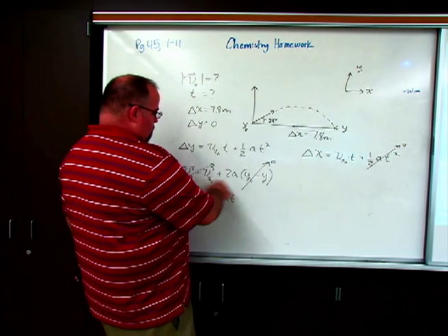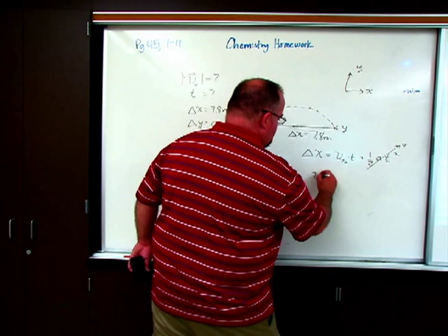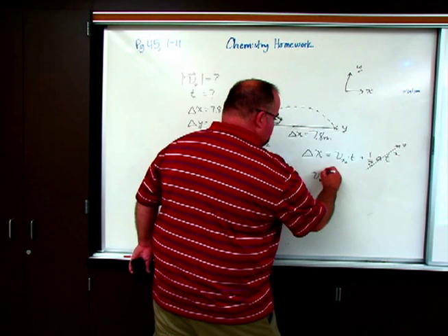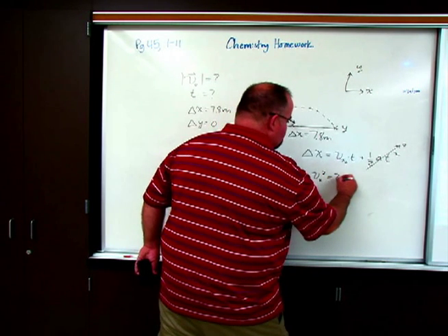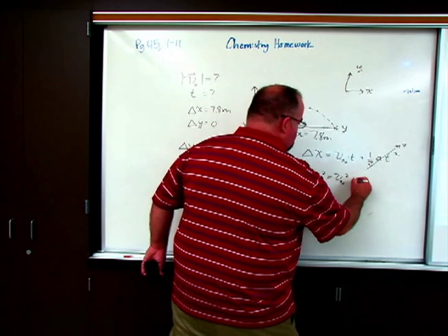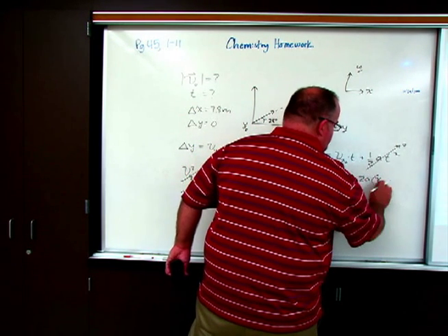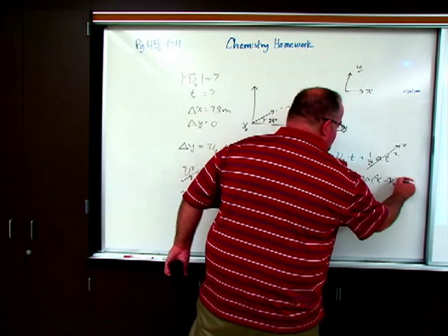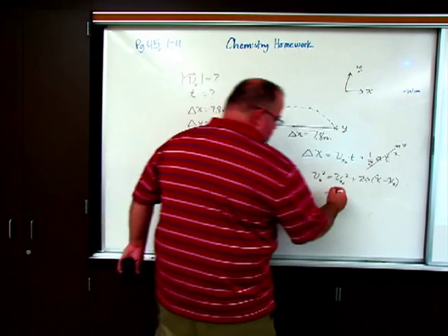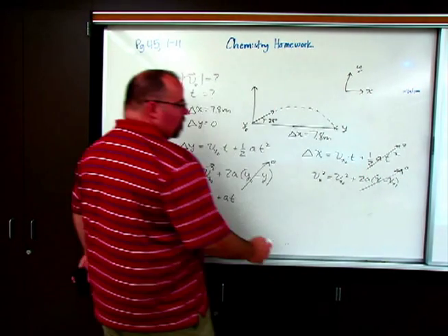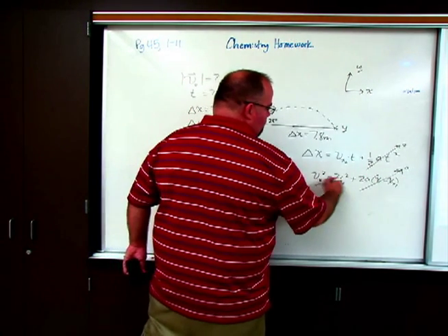Okay, this equation, velocity in the x direction squared equals the initial velocity in the x direction squared plus 2 times the acceleration times x minus x sub 0. Since there's no acceleration, this goes to 0. So this equation is not very useful either.